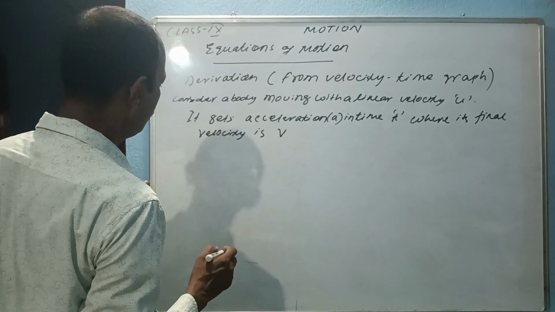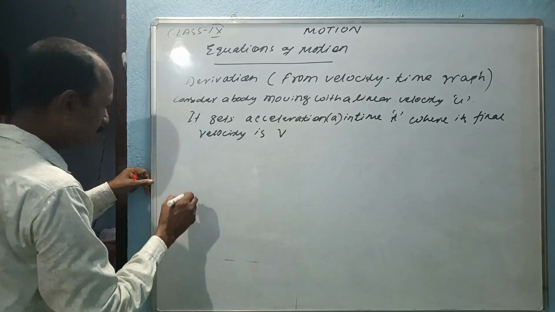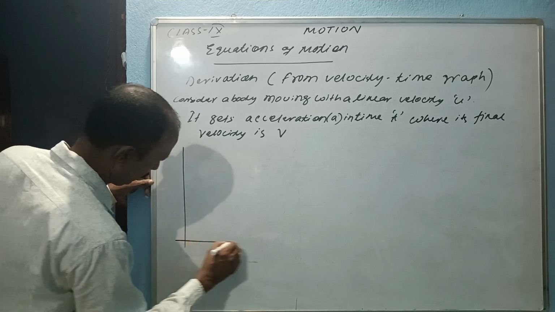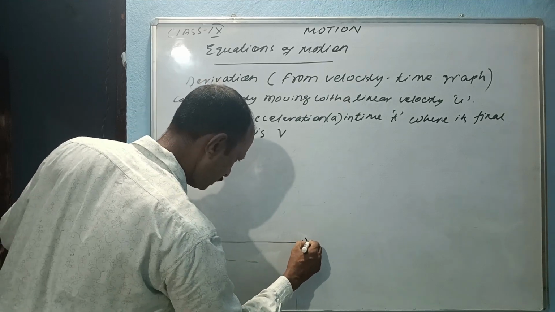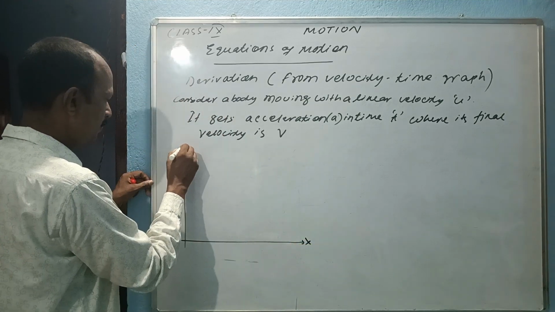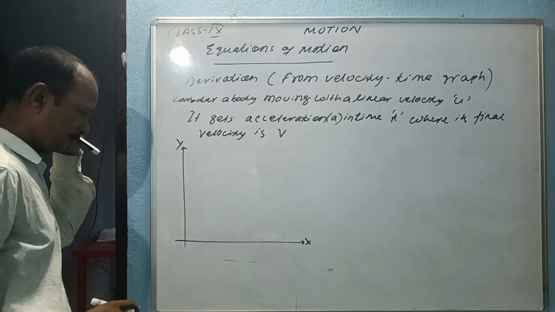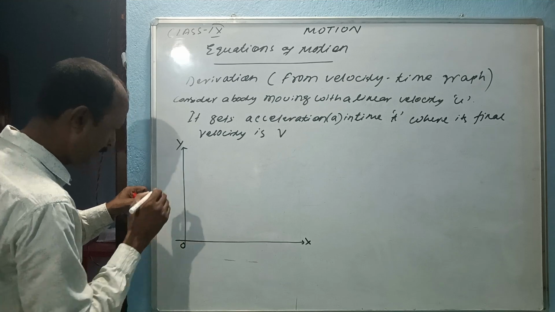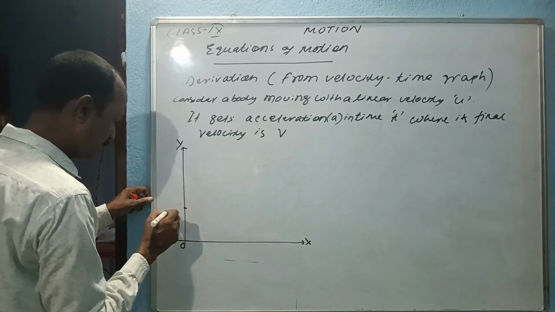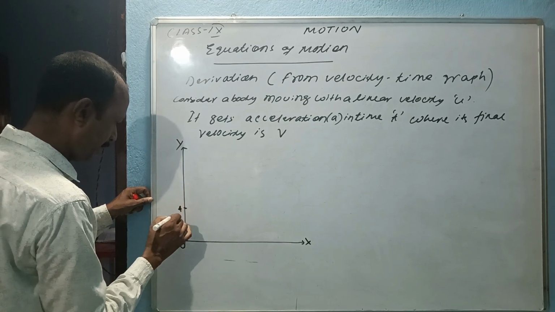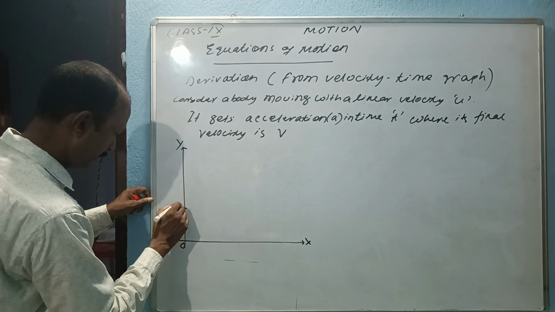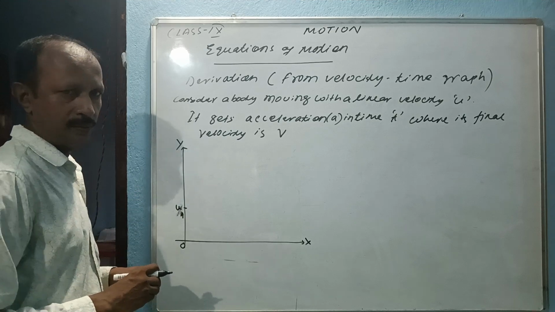Now you see that. This is the x-axis, this is the y-axis. So this point is A. Suppose at the point A its initial velocity is u.